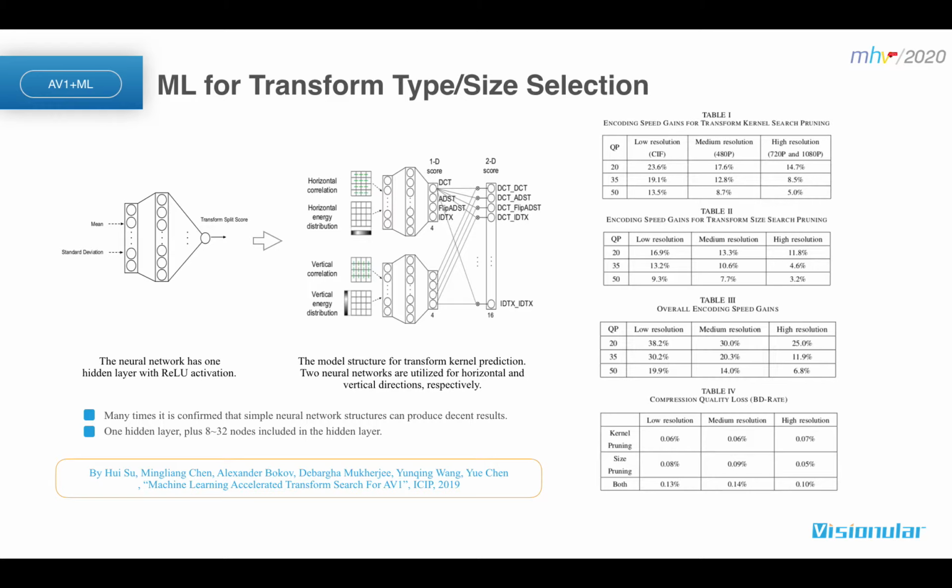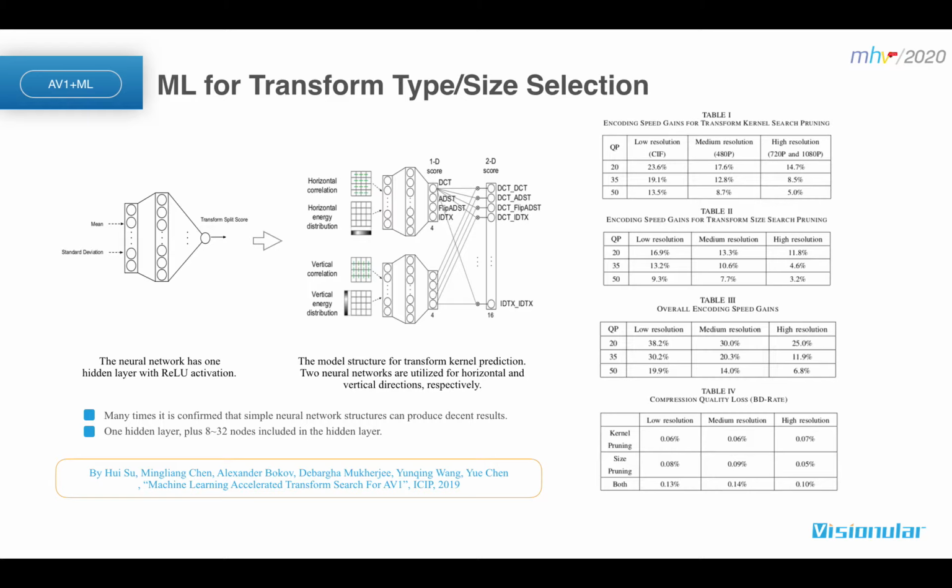Let's look at the essentials of the machine learning algorithm. Basically, a neural network has been incorporated for both transform type and transform kernel pruning in order to speed up the AV1 encoder.